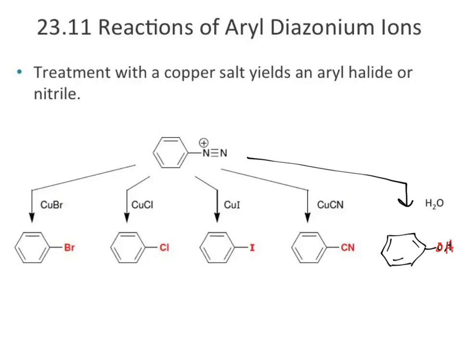You'll notice in all cases they're working with copper. Copper helps to facilitate the breaking of that bond. That copper can help coordinate the electron density to slow that reaction a little bit so it doesn't happen quite as explosively.